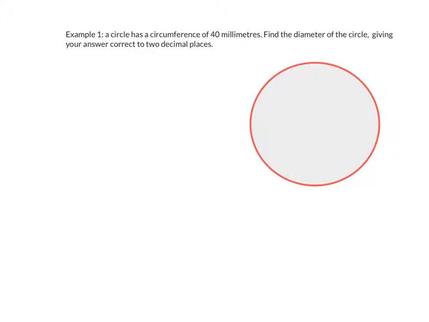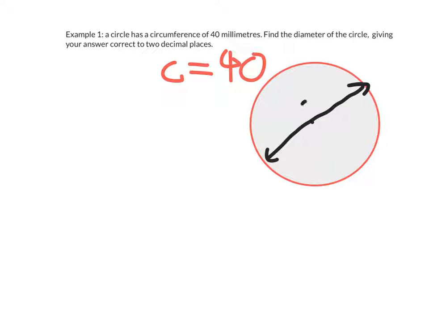What that means is that distance in red there, that edge distance, is c. So that's actually c equals 40 millimeters. Now we're trying to find the diameter, which would be this distance here, this d, that straight line across through the center there.